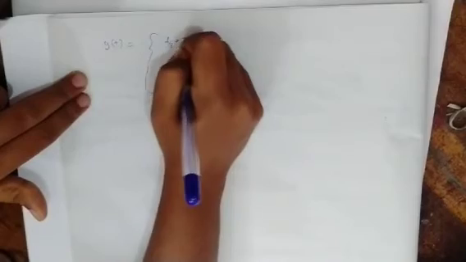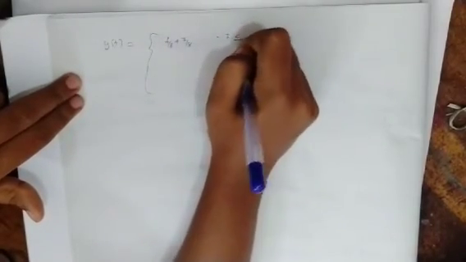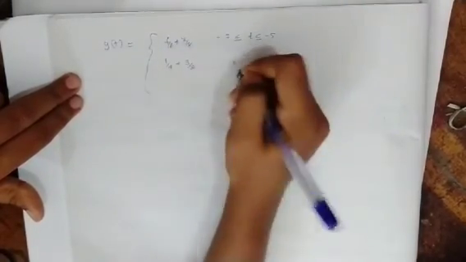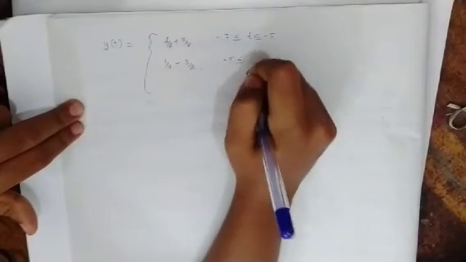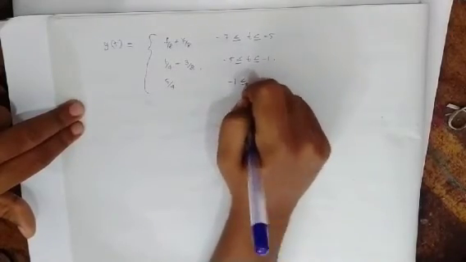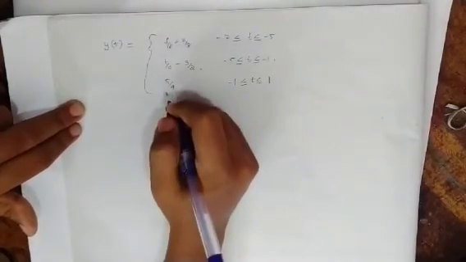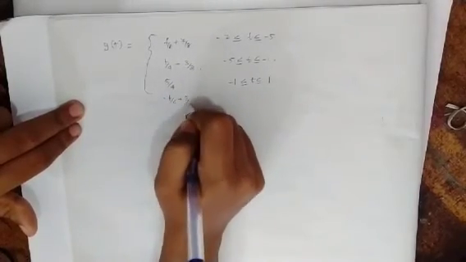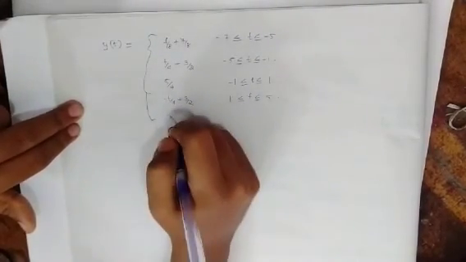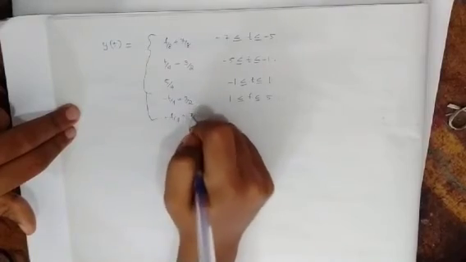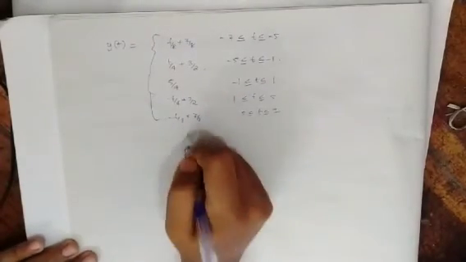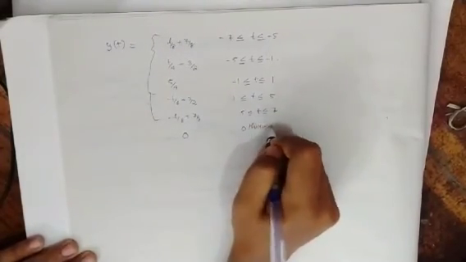That is t by 8 plus 7 by 8 for minus 7 less than or equal to t less than or equal to minus 5, and t by 4 plus 3 by 2 for minus 5 less than or equal to t less than or equal to minus 1, and 5 by 4 for minus 1 less than or equal to t less than or equal to 1, and minus t by 4 plus 3 by 2 for 1 less than or equal to t less than or equal to 5, and lastly minus t by 8 plus 7 by 8 for 5 less than or equal to t less than or equal to 7, and equal to 0 otherwise. Okay.